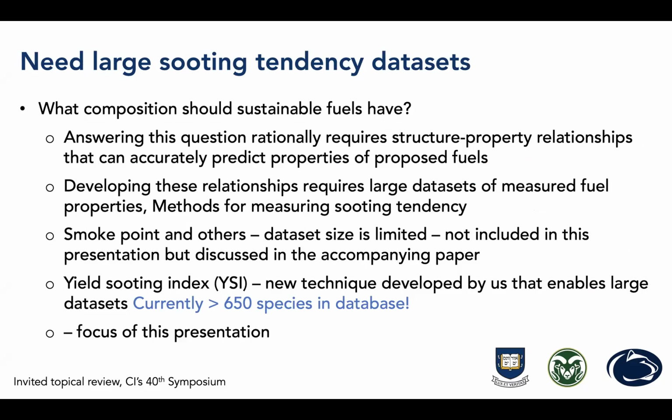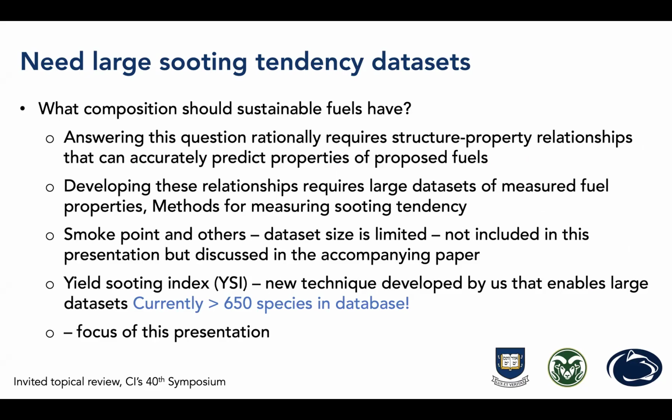In order to develop property structure correlations, we need large sooting tendency data sets to be able to answer the question of what composition sustainable fuels should have. Because we have to develop structure property relationships that can accurately predict the properties of proposed fuels, and developing these relationships requires a large data set.